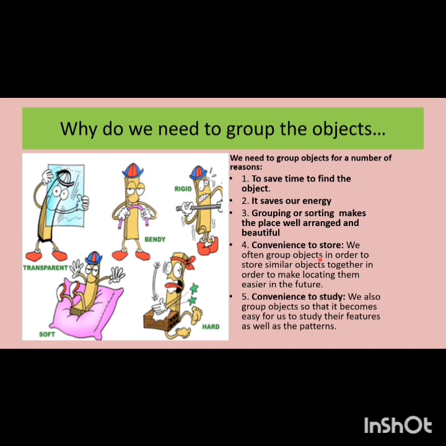We often group objects in order to store similar objects together in order to make locating them easier in the future. Number five, convenience to study. We also group objects so that it becomes easy for us to study their features as well as patterns.